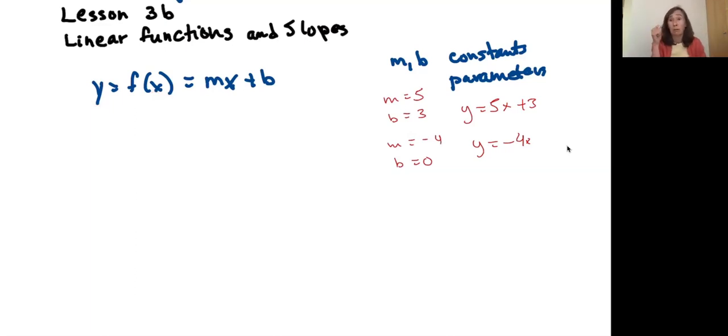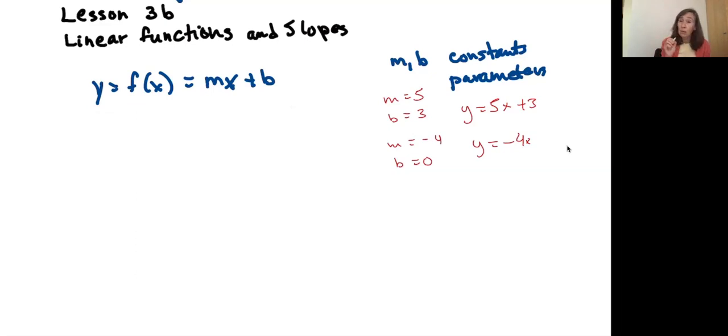Linear functions can all be written in this particular form here. As the name implies, if you graph this function, plotting as we usually do the x value on the horizontal axis and the y value on the vertical axis, this will indeed look like a straight line. We'll get to some pictures in a minute.